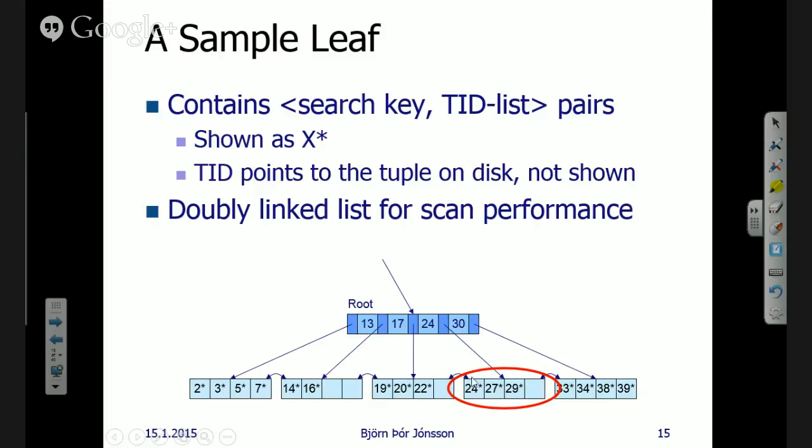You see the pointers between the leaves. Why would we have a doubly linked list of leaves? Any idea? So we can scan sequentially, so that if we need to look at a large range, we can just go through the pointers and not go back up into the tree and have to go down.